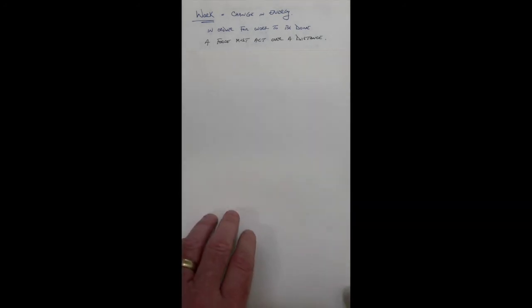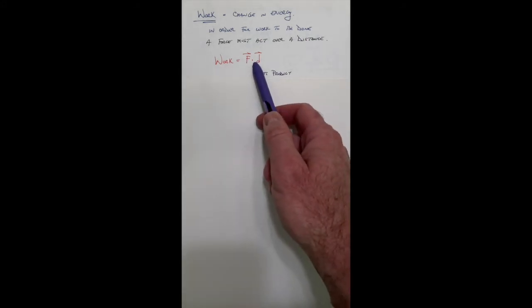I'm going to make it a little more awkward by saying that work is equal to force dot distance, but this dot in between them is really important. In physics, there's actually two ways to multiply. One's called a dot product or a scalar product, and the other one's called a vector product. We'll look at the vector product later this year.